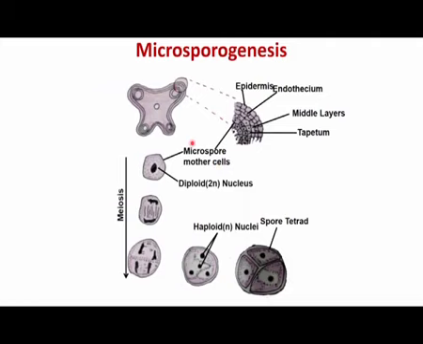These microspore mother cells are diploid. Multiple microspore mother cells are formed, and some of these mother cells are used as a source of nutrition. They provide nutrition to the other microspore mother cells, and these other microspore mother cells go for active division and are the cells that are going to form the spores or pollen grains.